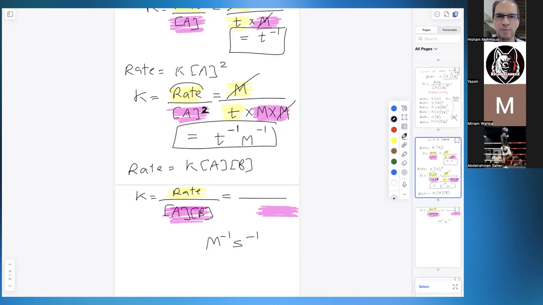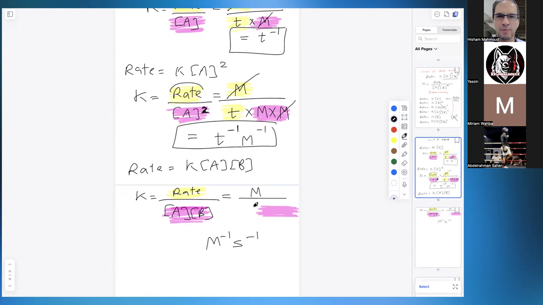Is it S or T? It depends on the unit given. If it is second it will be S minus 1. If it is minute it will be minute minus 1. If it is hour it will be hour minus 1. It depends on what is given for the reaction. Can you explain how you got it? M over what?